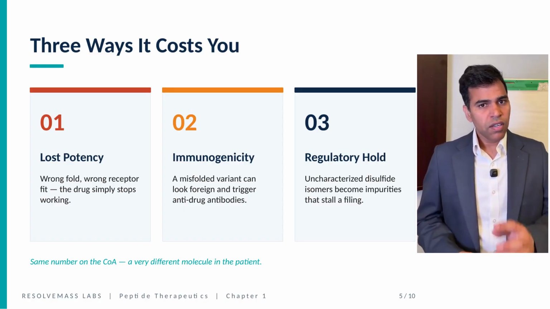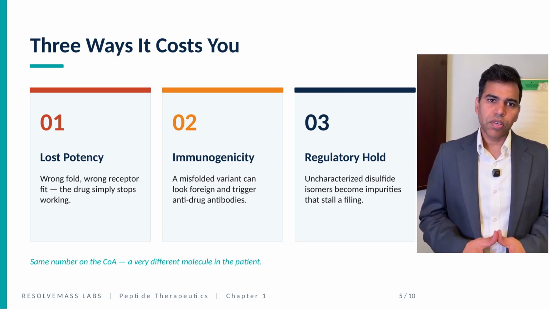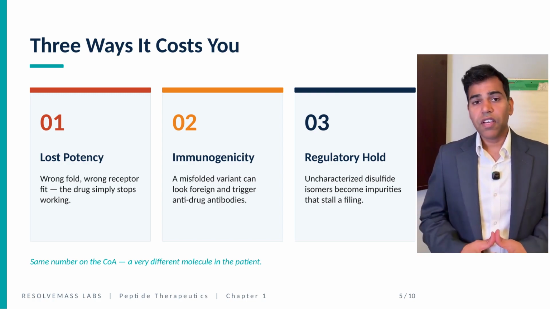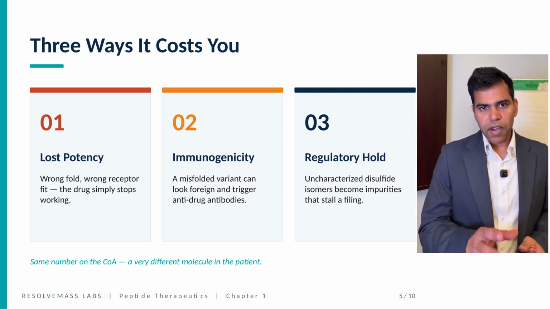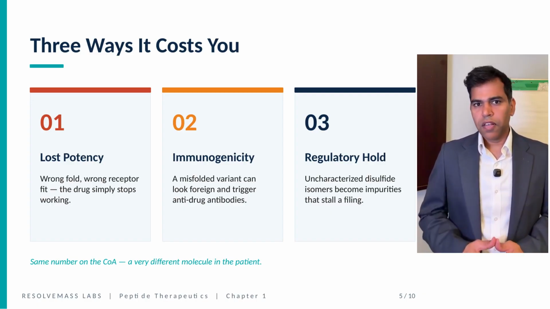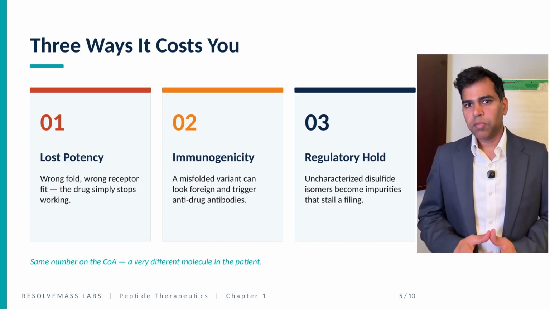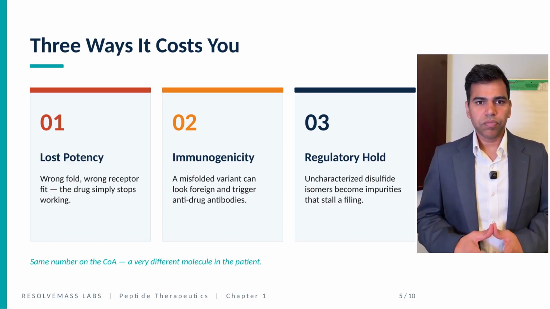And third, regulatory. Those isomers are product-related impurities, and if you can't identify and control them, your filing stalls. 1 molecule, 3 failure modes, all tracing back to 2 sulfur atoms in the wrong place.